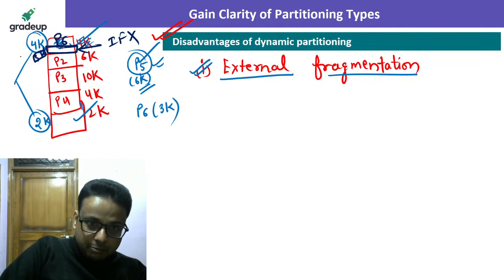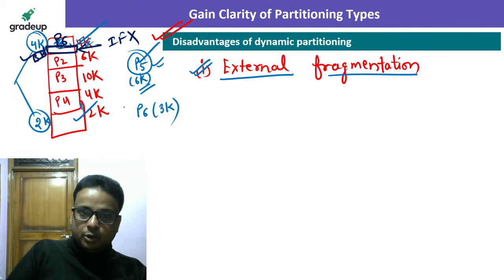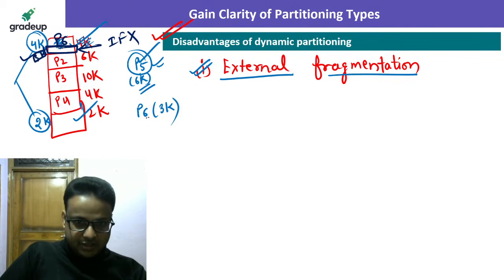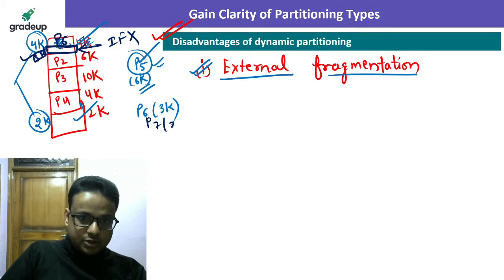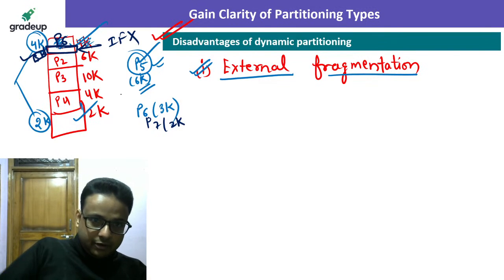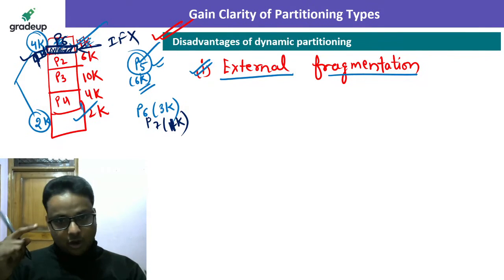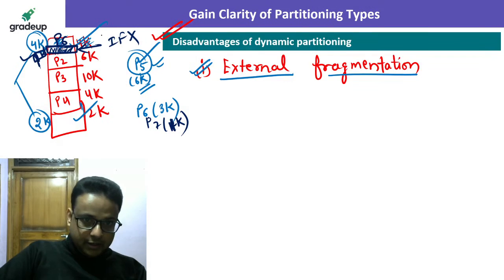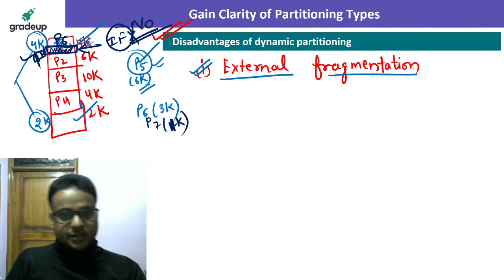Because it is not a block, it is a whole. Means suppose if I have process P7, or let's say it is 2k, or you can say 1k, whatever, sorry, 1k will be remaining. So P7 1k, so 1k process can be accommodated in this because it is not fixed, it is not a block, correct? So there is no internal fragmentation, that is the reason.